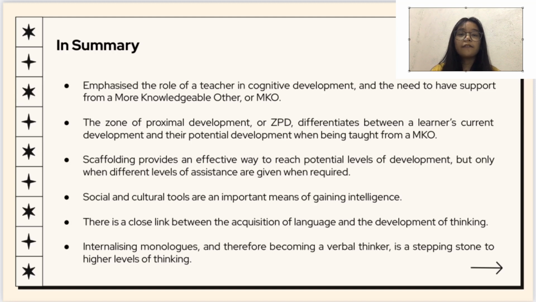Third, scaffolding provides an effective way to reach potential levels of development when different levels of assistance are given as required. In conclusion, social and cultural tools are important to gain intelligence, and there is a close link between the acquisition of language and the development of thinking. And lastly, internalizing monologues and therefore becoming a verbal thinker is a stepping stone to higher levels of thinking.